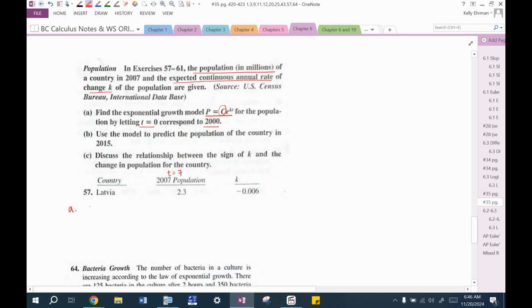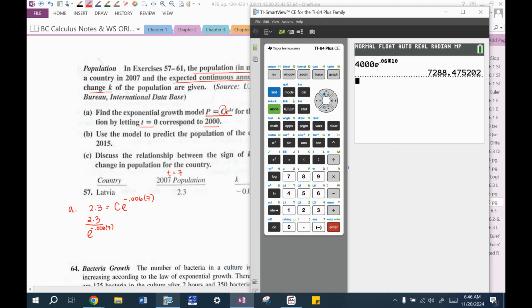So this is going to be 2.3 equals some initial population that we don't know times e to the negative 0.006 times 7. And if I solve that for C, I would just be dividing.